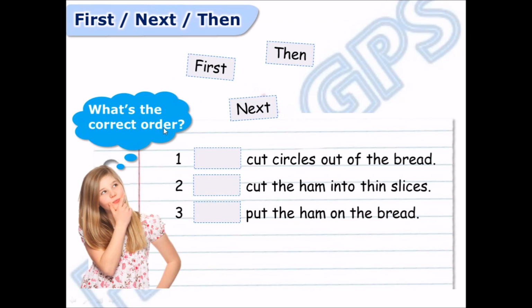What's the correct order? Step 1. Yes, first: cut circles out of the bread. Step 2. You can either use then or next: cut the ham into thin slices.